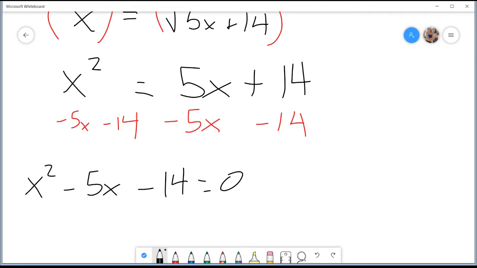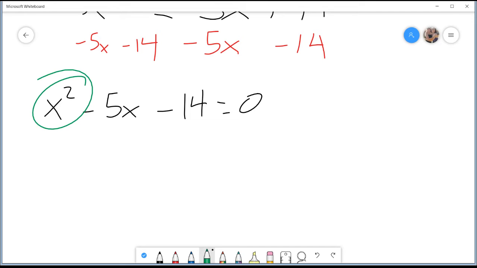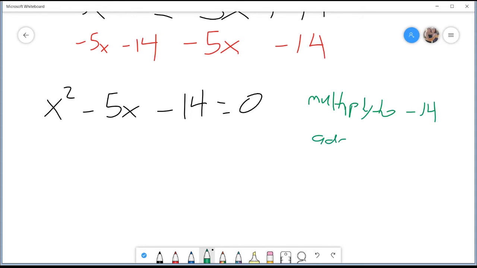Now we're ready to split our trinomial into our two binomials through factoring. Since this x squared is plain looking, we can do our normal way, the magic number way. We want to multiply to negative 14, and we want to add to negative 5.